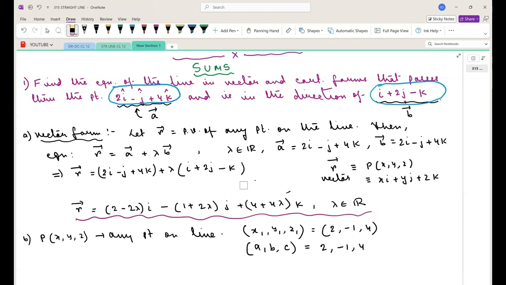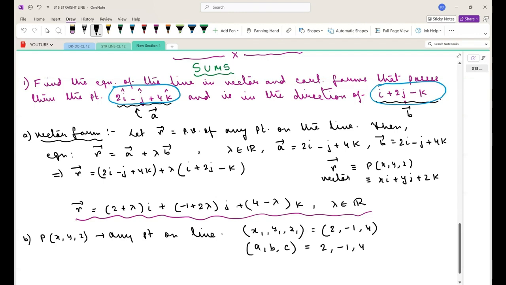Let me erase this portion, and then the correct answer will be: x is 2 plus lambda, y is minus 1 plus 2 lambda, and z is 4 minus lambda.